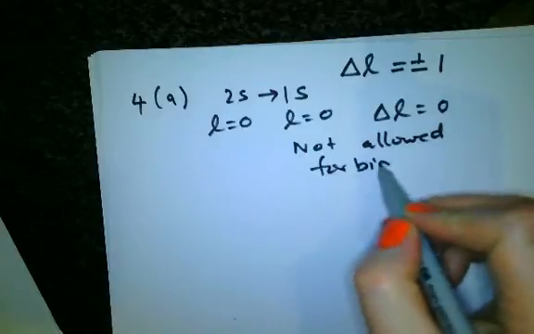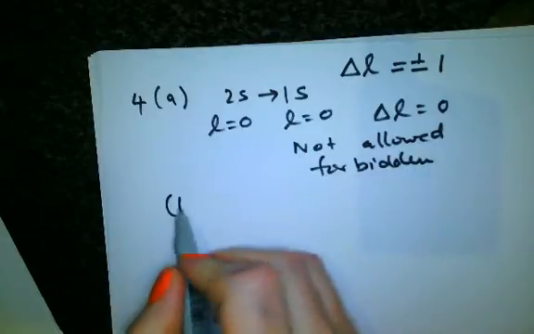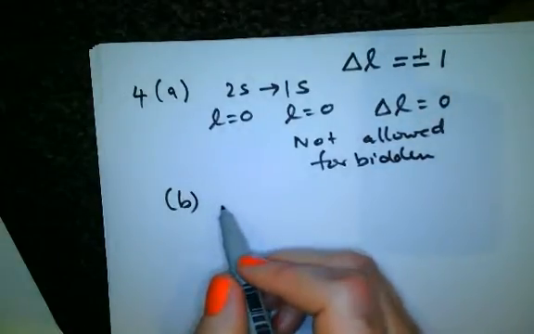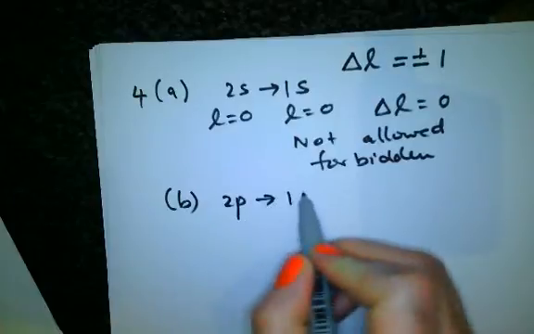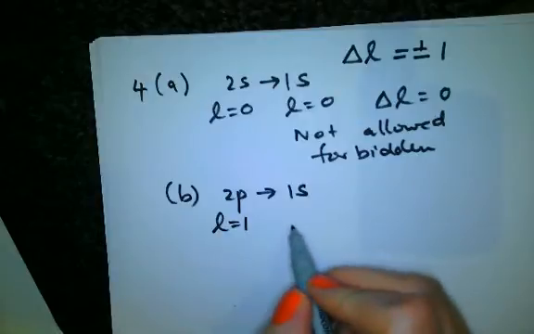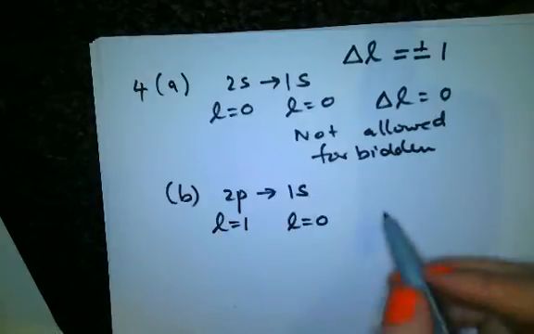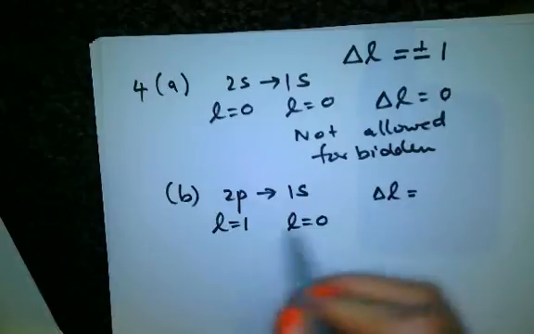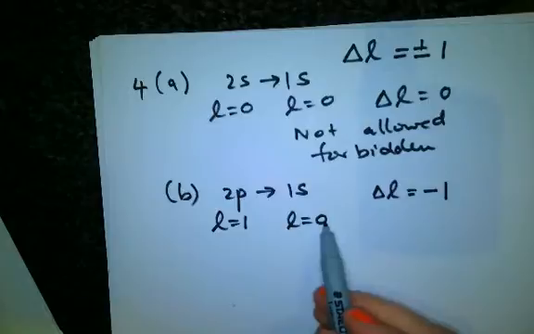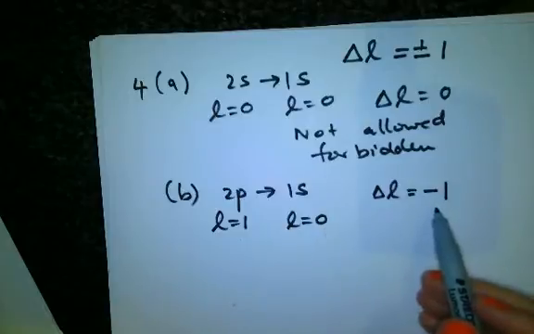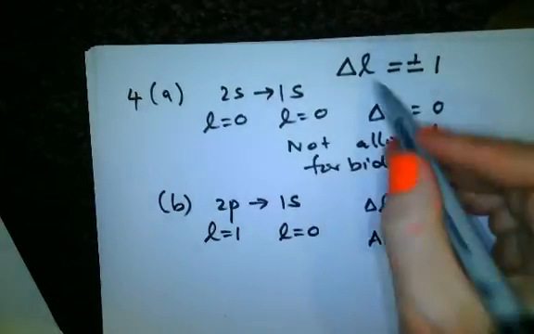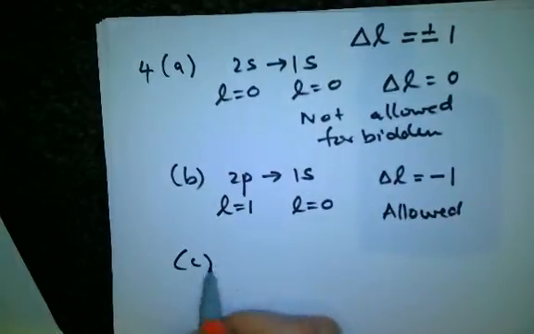Second part of the question, a transition from 2p to 1s. So here your L is 1, there the L is 0, so the change in L is minus 1. To go from 1 to 0 you have to subtract 1. So this is definitely allowed according to that selection rule. Part c, 3d to 2p.